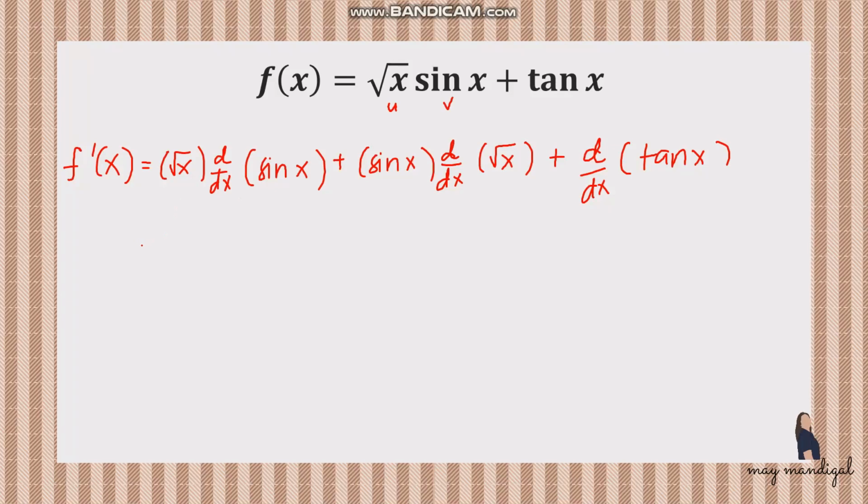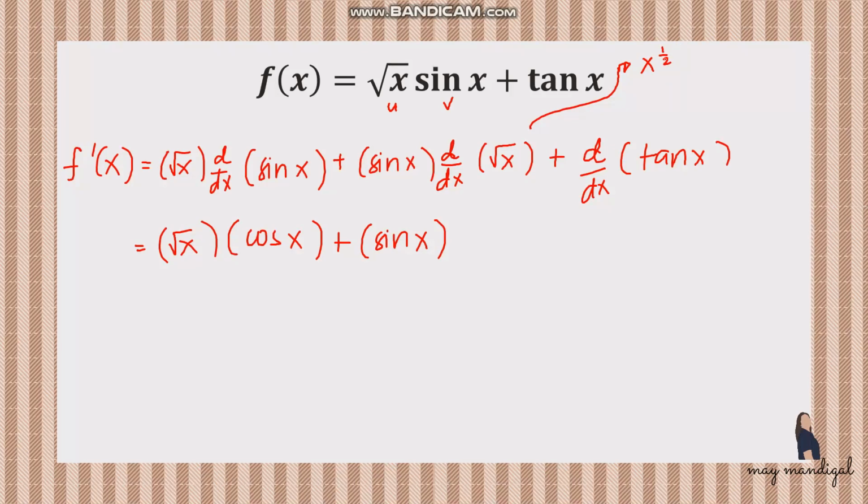So let's now solve for the derivative. So we just have square root of x here. For the sine, its derivative is cosine of x plus, and then we have the sine x. For the square root of x, its derivative, we have to apply here the power rule. So square root of x can be written as x raised to 1/2. It can be written into its exponential form.